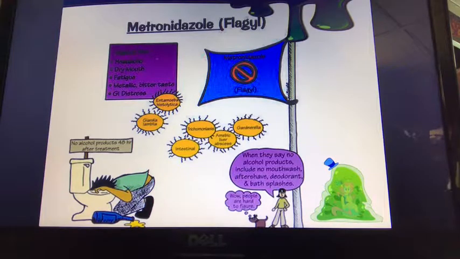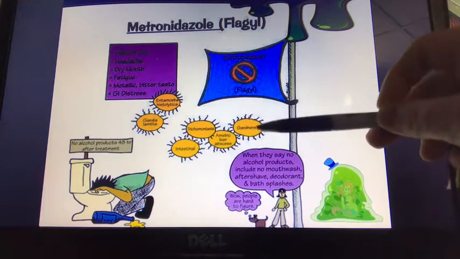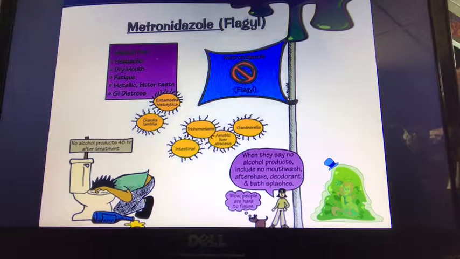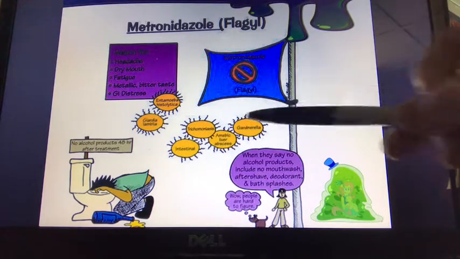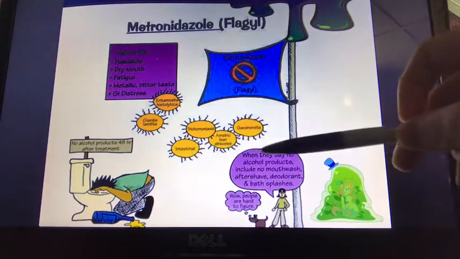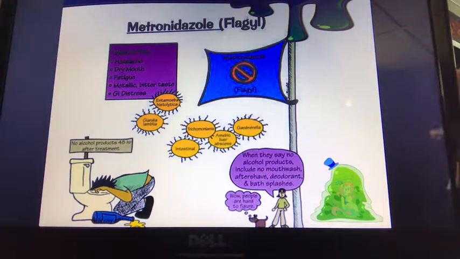Okay, so if you can read the slide, it can be given for trichomonas, intestinal situations, liver abscesses, all kinds of really serious things here. It does say that you need to be aware that the side effects are headache, dry mouth, fatigue, metallic bitter taste, and GI distress.